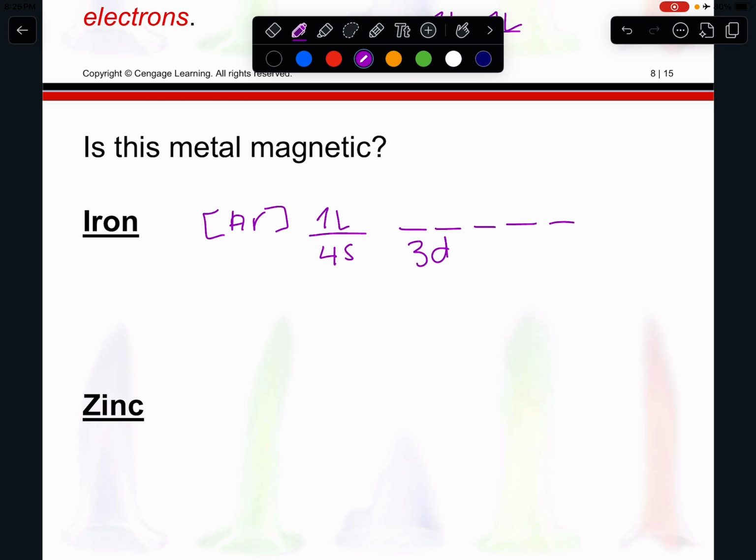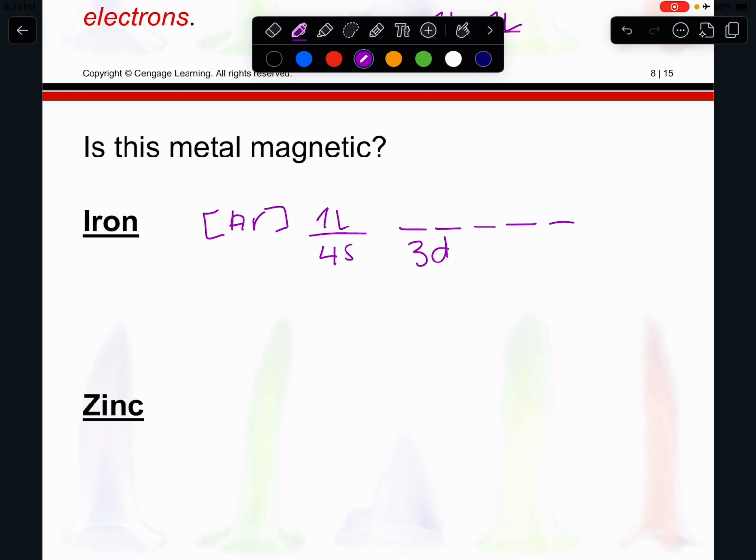Remember, D has 5 orbitals, and so iron is 1, 2, 3, 4, 5, 6 elements in. So you can see here there are 4 unpaired, meaning it is paramagnetic.